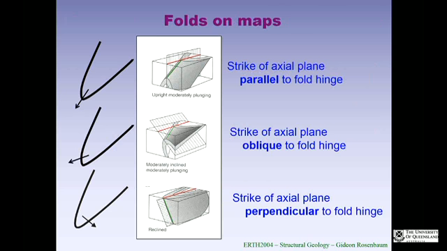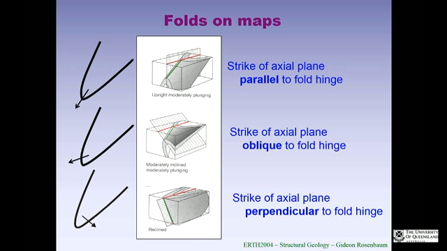Okay, and just one more slide in relation to the relationship between the fold hinge and the orientation of the axial plane. We can see that this could vary, so it basically depends on what the dip of the axial plane does. So what you see in the map view is the strike of the axial plane.